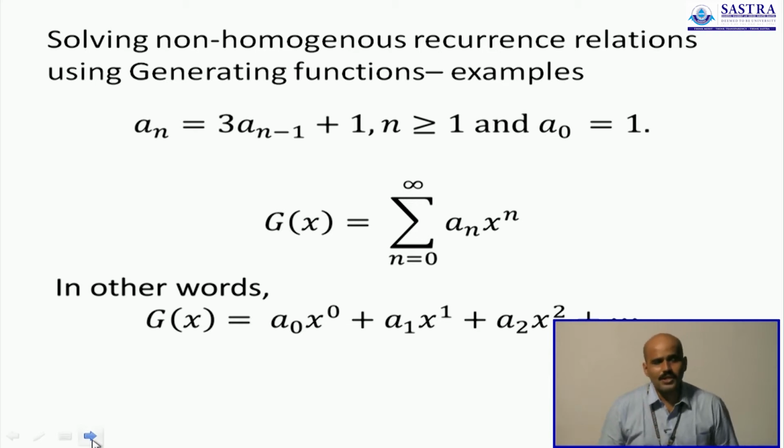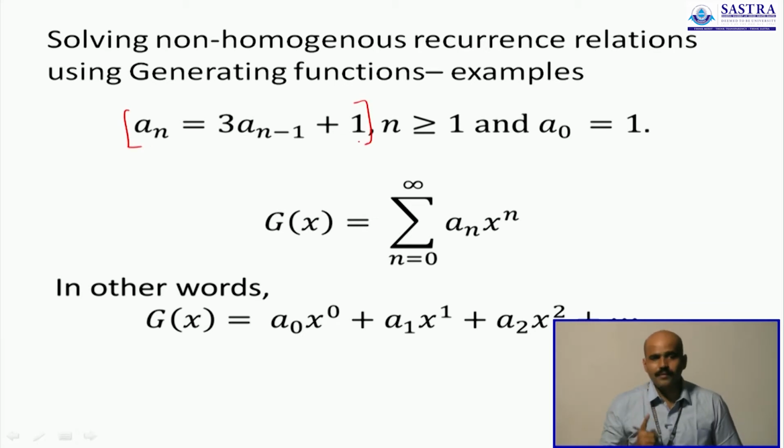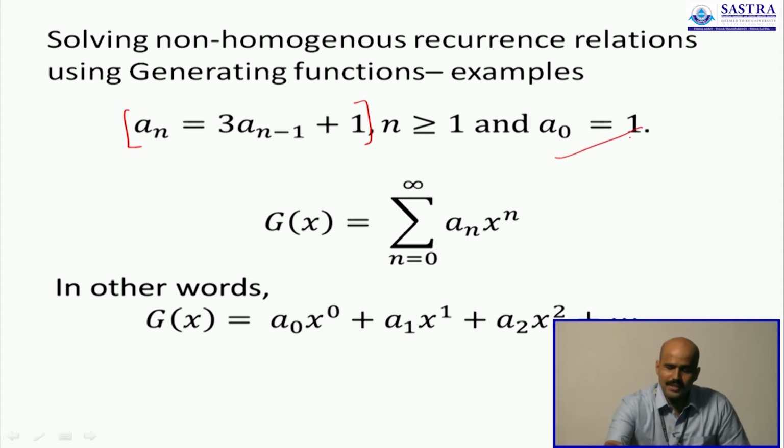The recurrence relation given here is over here. You can see that it is of order 1 because it depends only on one previous term, a n minus 1. It is also non-homogeneous because you also have a constant there in the definition of a n, and you also have one base condition, the initial condition given as a naught being equal to 1.